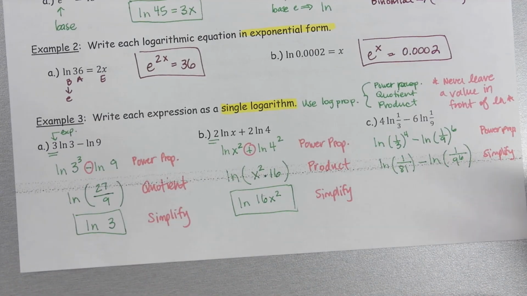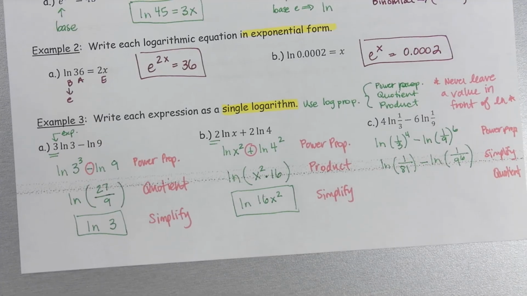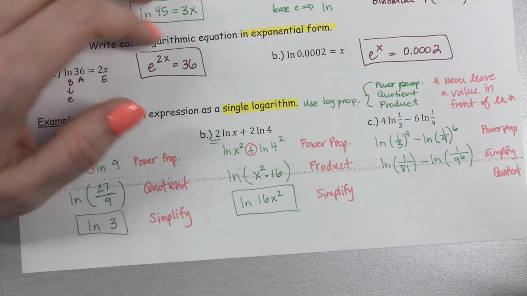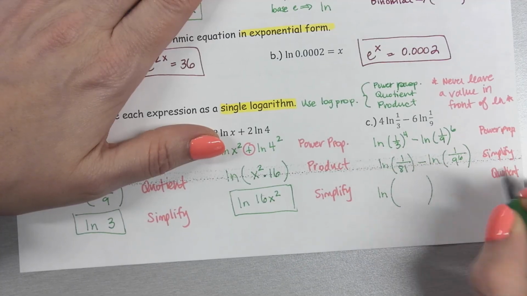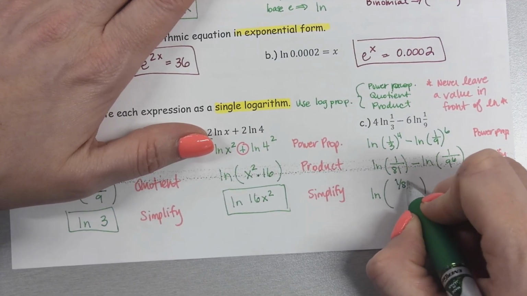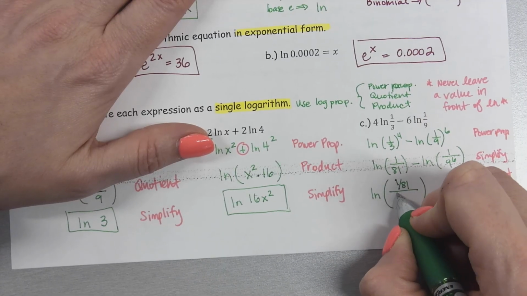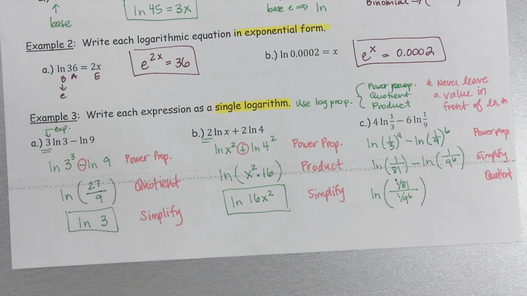Now we're going to use the quotient rule. When you are using the quotient rule, now you only have 1 natural log. So it's 1 over 81 divided by 1 over 9 to the 6th. But when you're dividing fractions, we're going to multiply by the reciprocal.